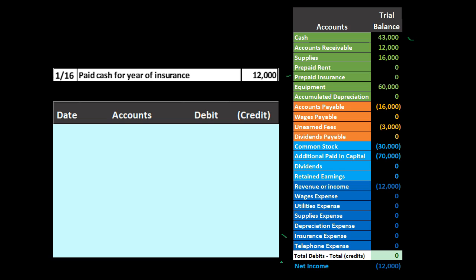However, we paid for it in the prior month. So from a standpoint of how the company is doing in terms of performance, not in terms of cash flow, but performance, it wouldn't really be fair. It'll distort things for us to expense an entire year's worth of insurance in the year of purchase. We want to be able to allocate it throughout the time period.